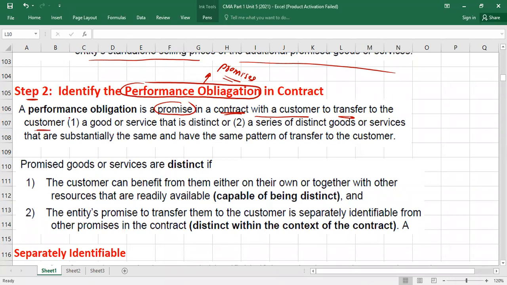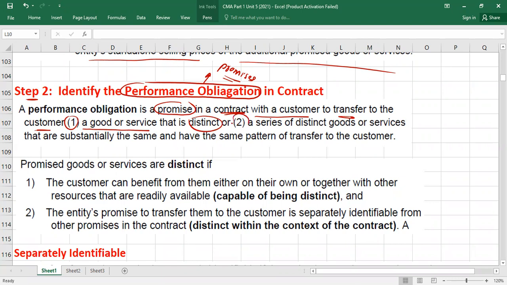Point number 1: a good or service. It could be a single product, a single service. But the keyword here is written as distinct. This word we need to understand, but so far ignore the word distinct. It is just a promise to deliver a good or service.